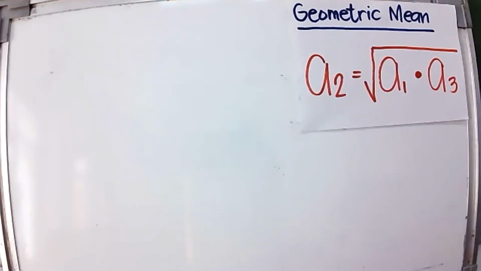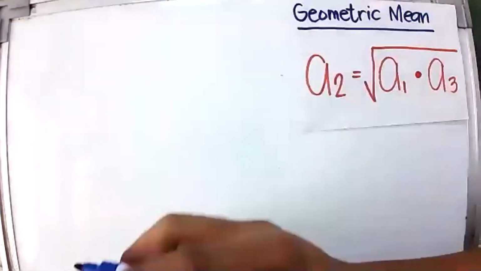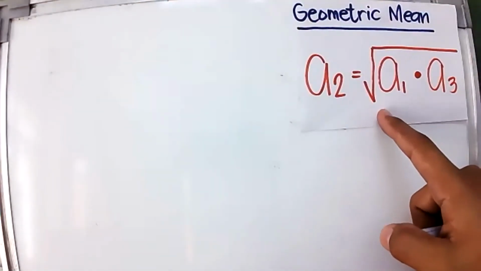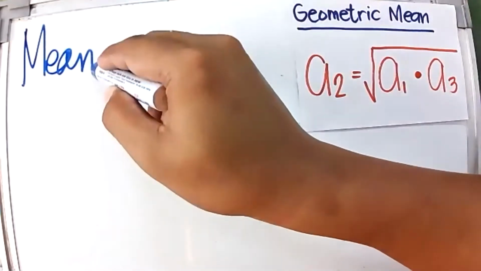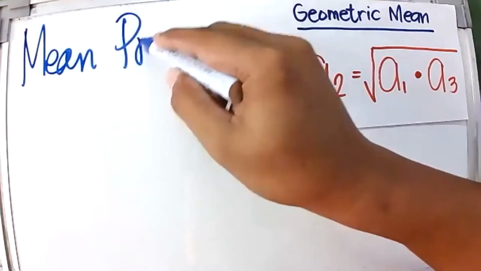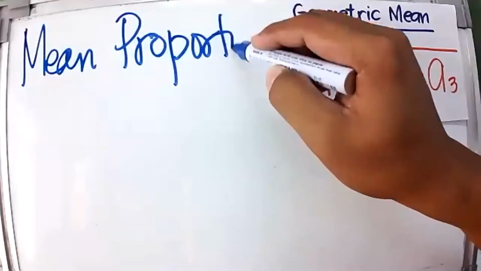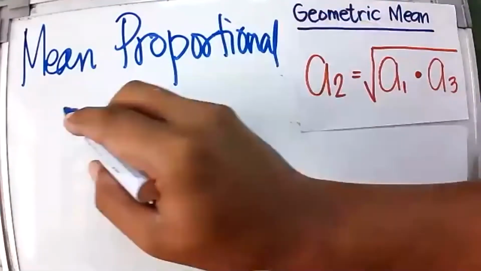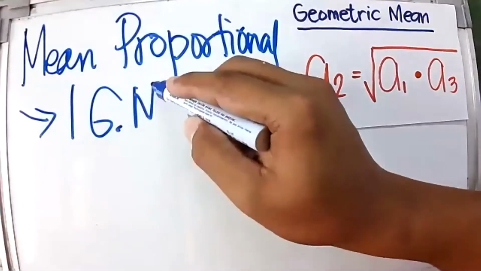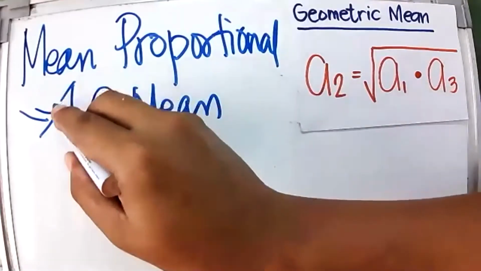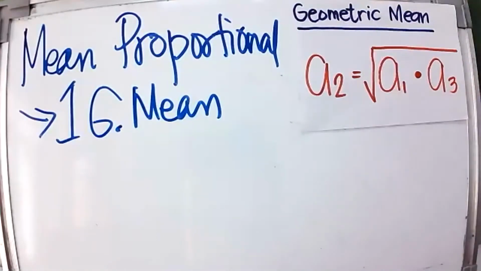Okay, let's have now the geometric mean. This is the formula. Remember, the other term for geometric mean is the mean proportional. And take note, we are only getting one geometric mean.